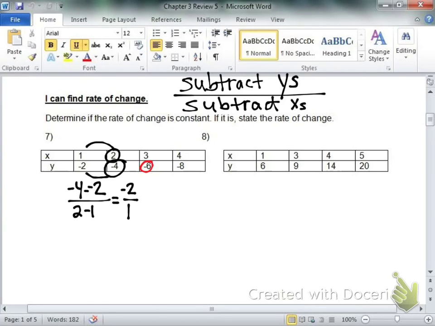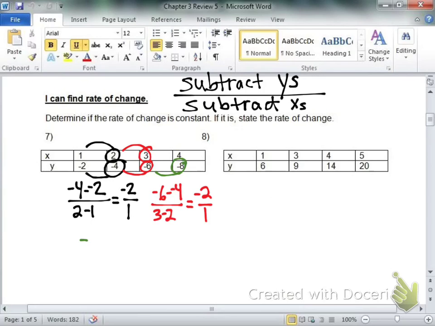So let's keep checking. We have a -6 minus -4 over 3 minus 2. Again, a minus and negative is a plus, so -6 plus 4 is -2 over 1. So it looks like it's constant so far. Have to check one more time.